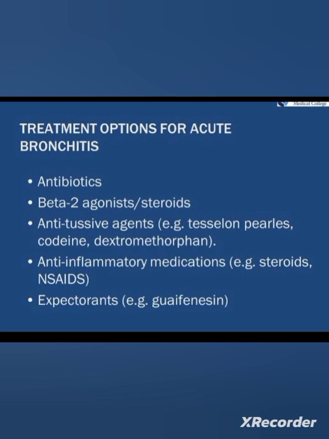Then diagnostic measures, usually history, physical examination, sputum cultures, X-ray, all these things. Then treatment options based on the condition; we start with nebulization, then antibiotics, then cough suppressants, steroids, then antitussives, etc.